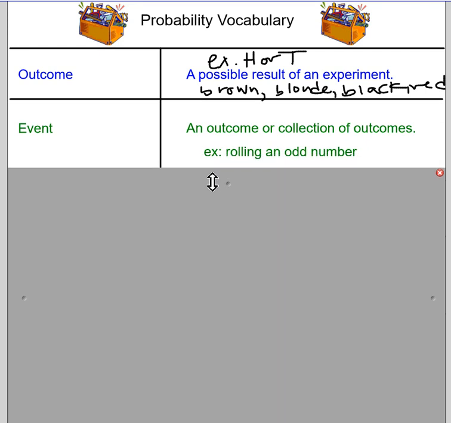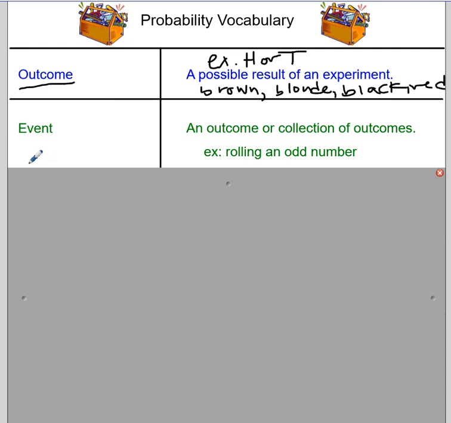So let's move on. Next word is an event. An event is one outcome or a collection of outcomes. So for example, if I'm rolling a die, the outcomes could be getting a 1, 2, 3, 4, 5, or 6. Those are the individual outcomes.